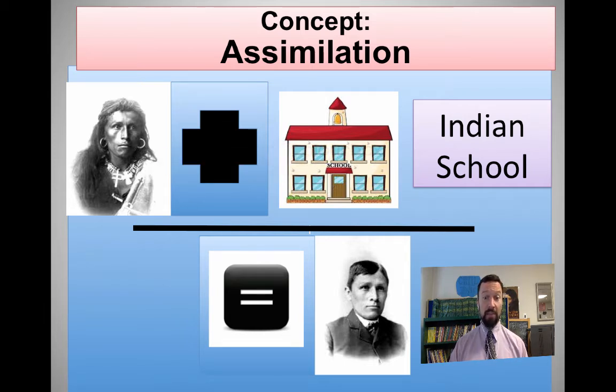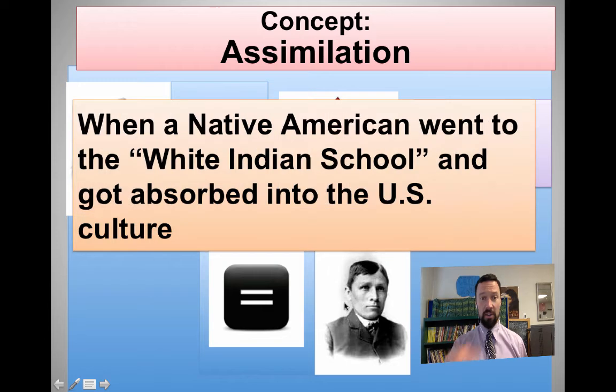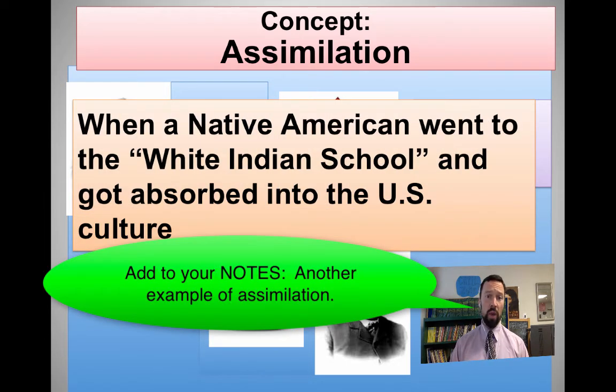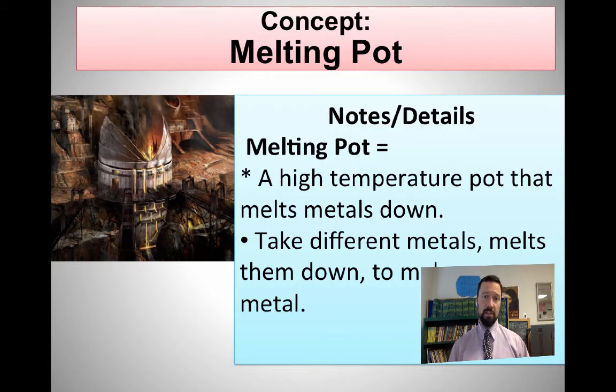That is the same guy at the bottom here, who's got a haircut and new clothes and no more jewelry, and he even looks whiter than in this photo. So that's kind of the idea there. So assimilation is when a Native American, this is an example, went to the white Indian school and got absorbed into the U.S. culture. So they were at this point trying to make him whiter so he would fit into the United States.